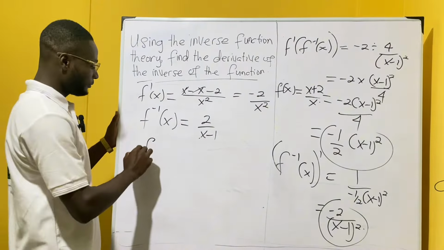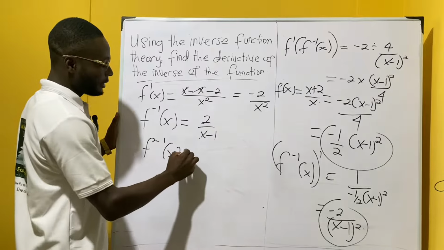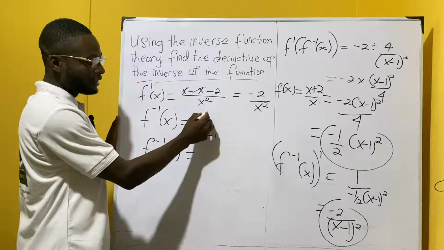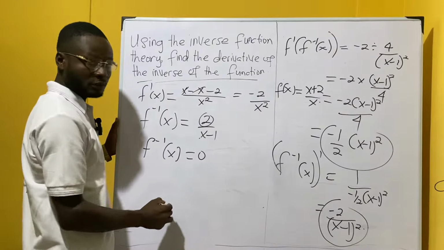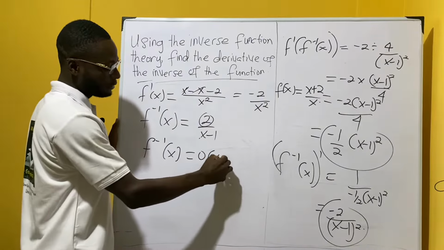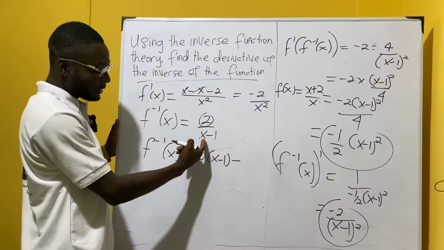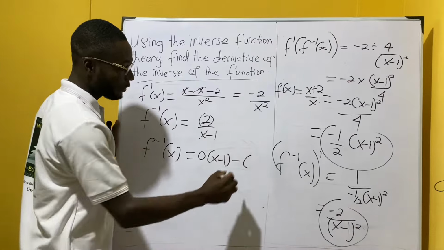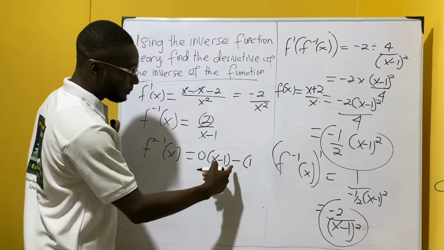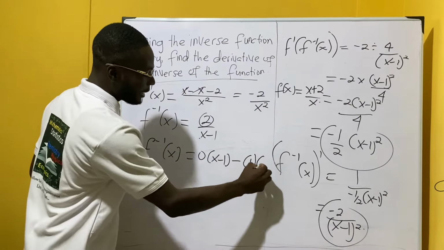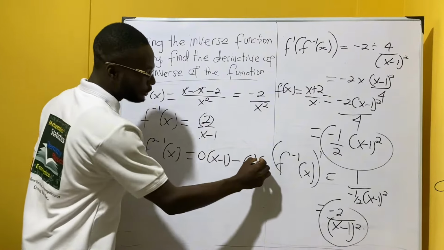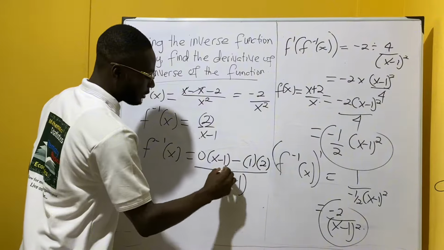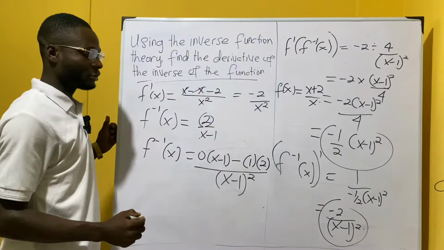So here, you can see that this, we are going to apply the quotient rule. So we differentiate this and it goes to 0 times this minus, we differentiate this, which becomes what? 1, right? Times the first term, which is 2, all over the denominator squared, right?